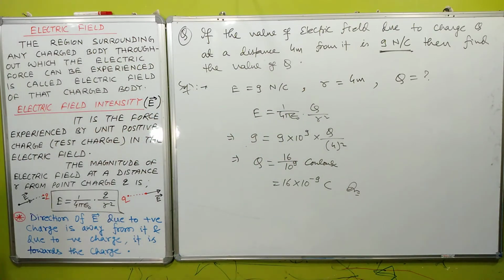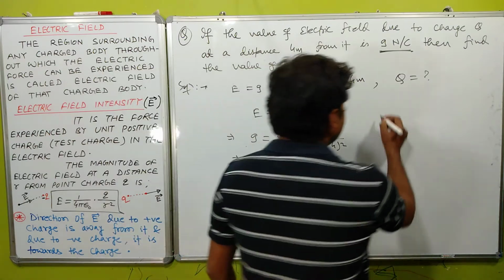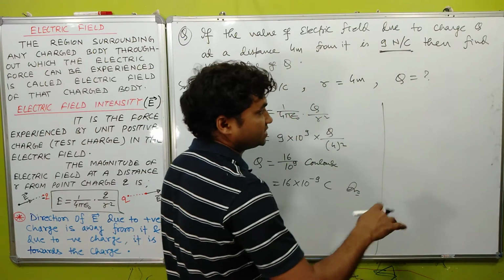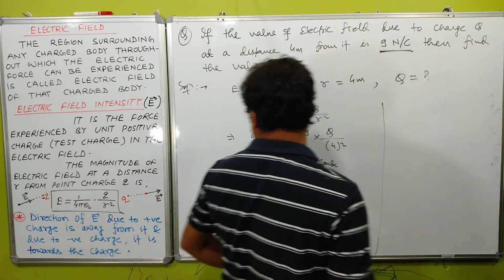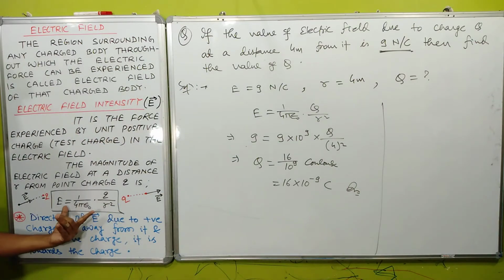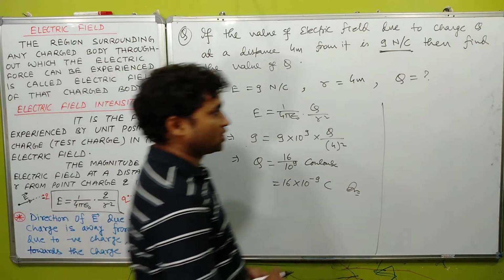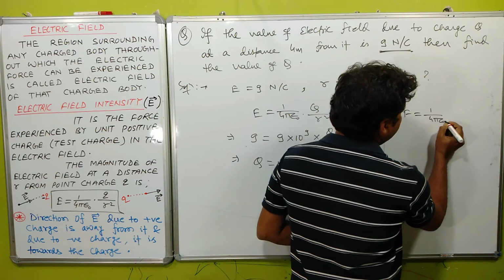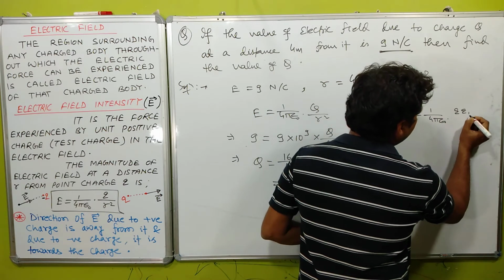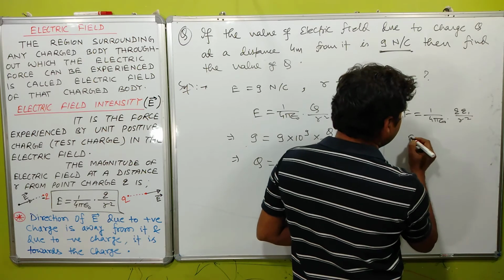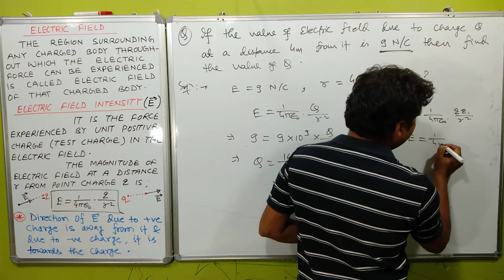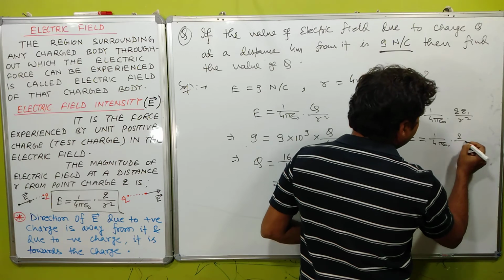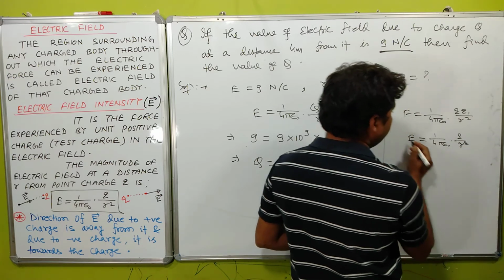Okay, student. One thing you can notice here: just as we have derived this formula E equals 1 by 4 pi epsilon naught Q by R square, from here F equals 1 by 4 pi epsilon naught Q Q1 divided by R square, and E equals 1 by 4 pi epsilon naught Q by R square.